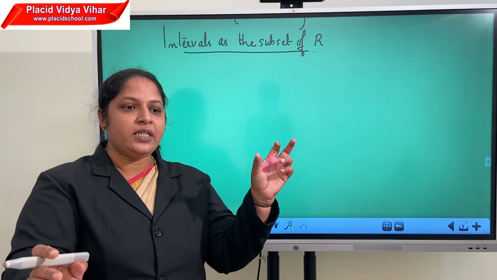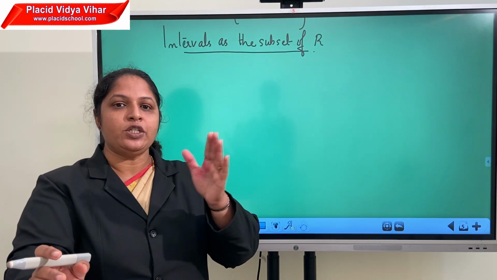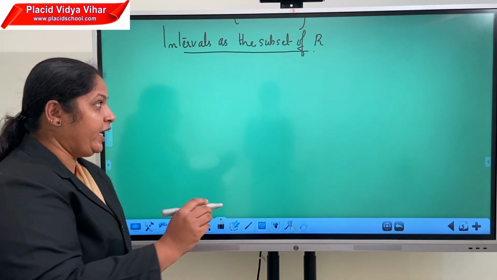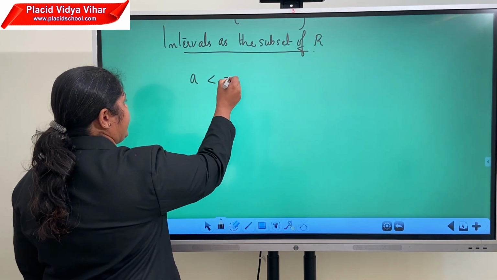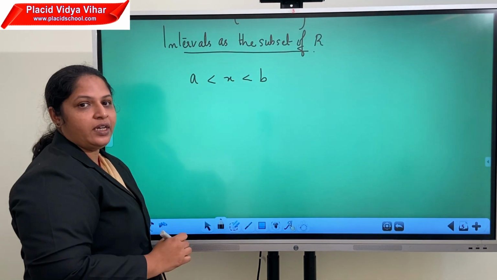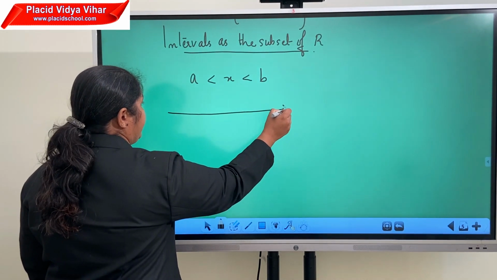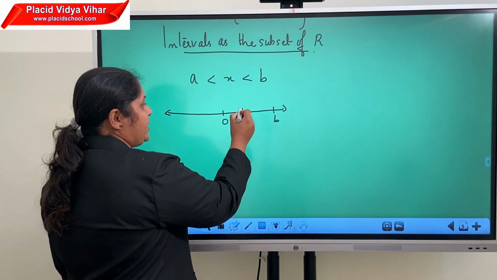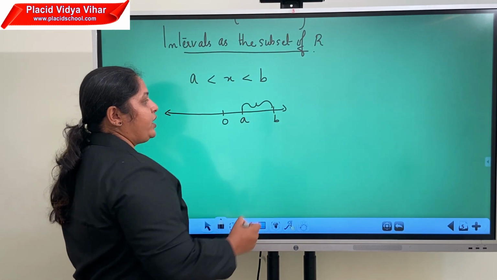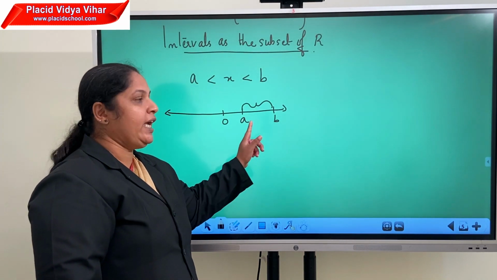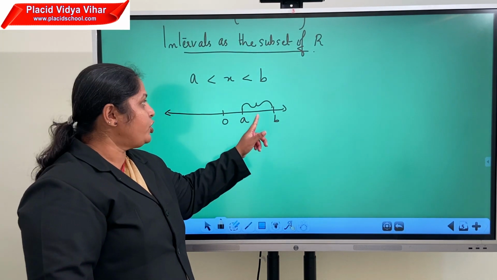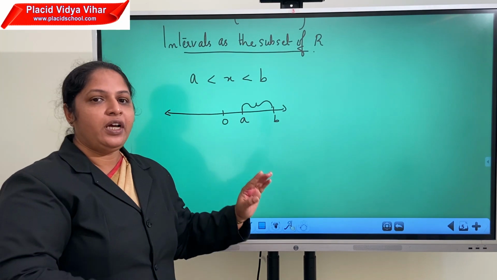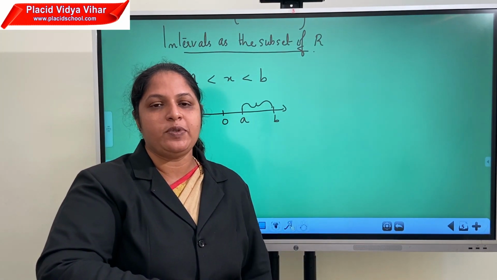Interval means it is a set of numbers between two numbers. So if we consider two numbers A and B, where A less than x less than B, then on the number line, let this be 0, let this be A and let this be B. The set of all numbers that lie between A and B belongs to this interval A less than x less than B. Here we are going to learn about 4 different types of intervals.